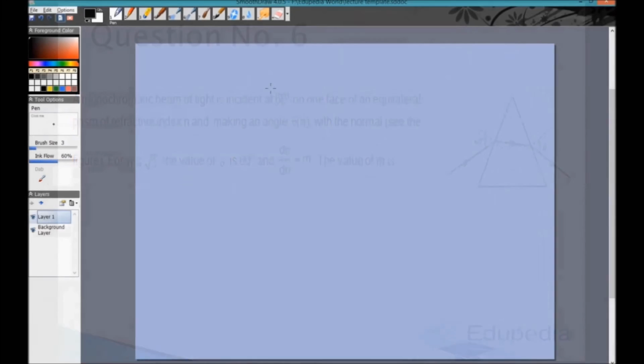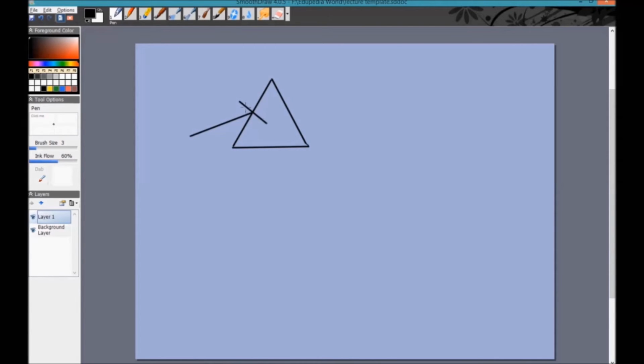In the next question we are given a prism, an equilateral prism, that means all angles are 60 degrees, and we have a ray of light going in at 60 degrees, and then it is going like this, and we want to find out the relationship of the emergent angle.